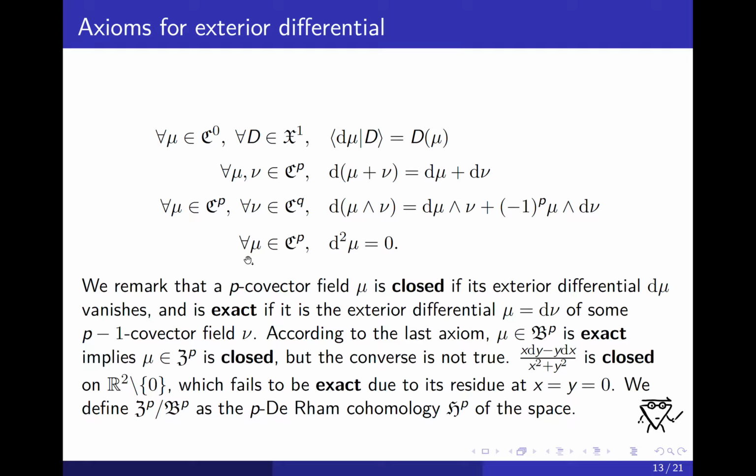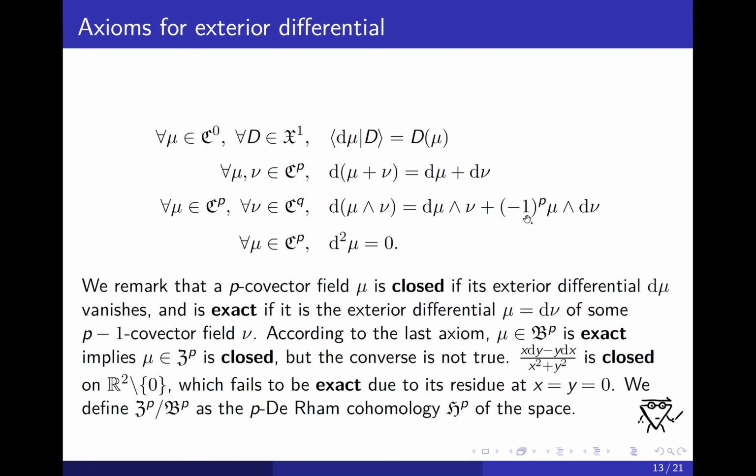And for all p covector field mu and q covector field nu, in this case, they are not of the same order, so we cannot add them, but we can multiply them. And in the de Rham cohomology, the multiplication is given by this exterior product, or the wedge product. This product is different from the usual product in the sense that it is not commutative but alternating.